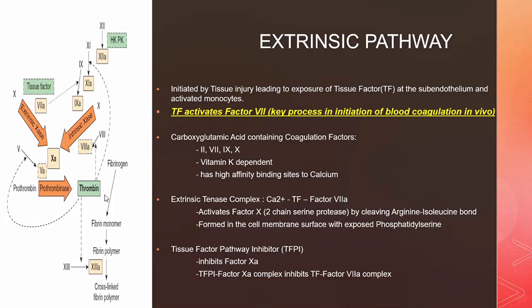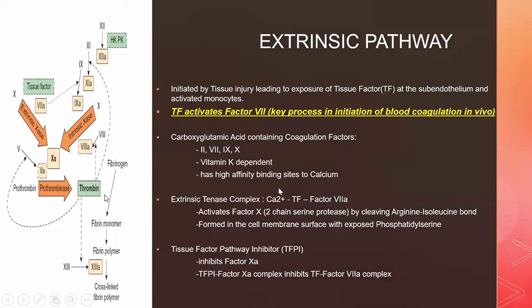Then, the main aim of your extrinsic pathway is to produce your extrinsic kinase complex: calcium, tissue factor, and activated factor 7. Please take note, extrinsic kinase complex.